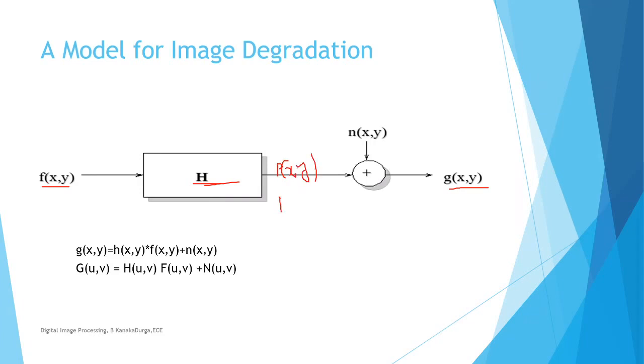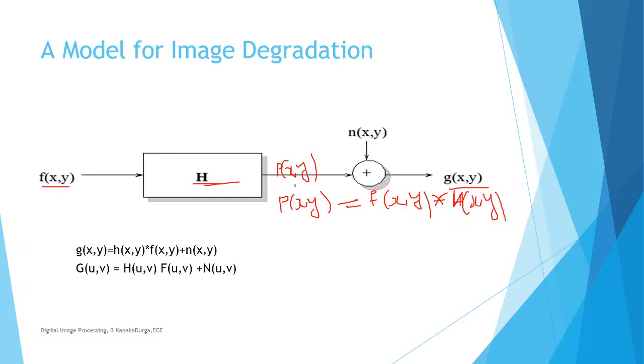So how can I write p of x comma y? Since the original image is passing through the degradation function of the system, we have to go for the convolution property. So p of x comma y is f of x comma y convolved with h of x comma y.